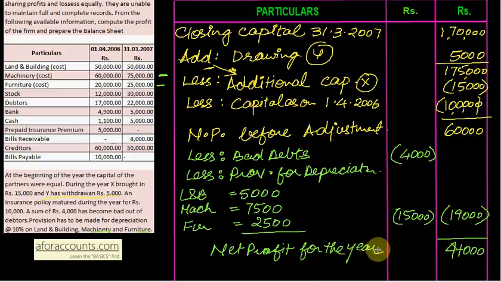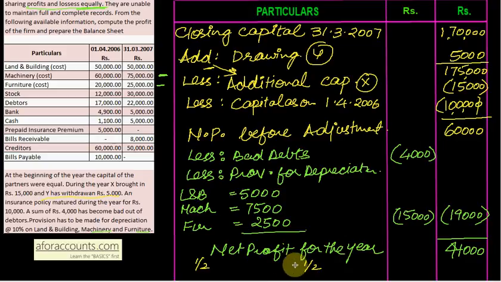Now see, they have already mentioned in the starting of the question that profits and losses are shared equally. So it is better कि उसका bifurcation किया जाए कि what is the share of each partner. So the first partner will get 1/2 and the second partner will get 1/2 of 41,000.